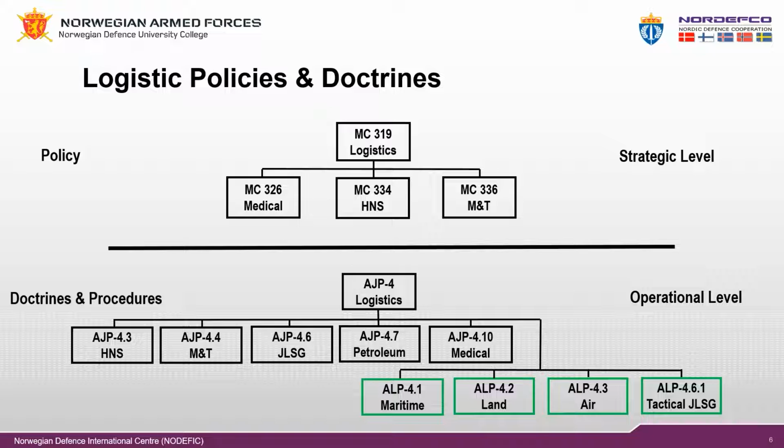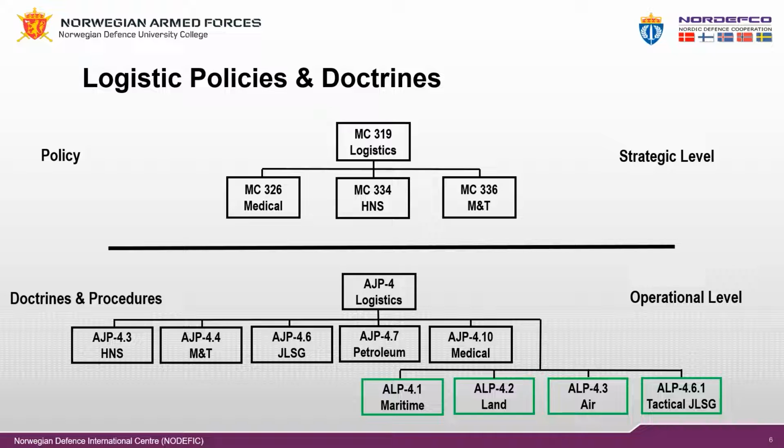Of course, MC 319 is the keystone for the Allied Joint Publication 4 logistics. We have on this slide only highlighted the main logistical Military Committee documents: MC 326 for medical, the MC 334 for host nation support, and the MC 336 for movement and transportation.